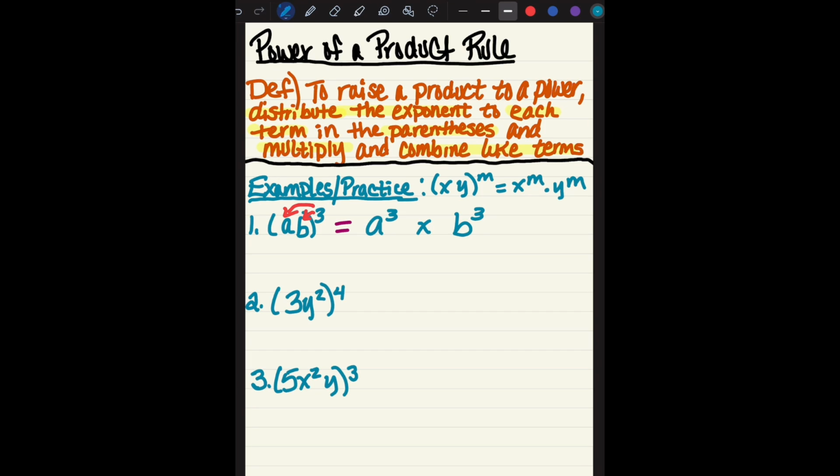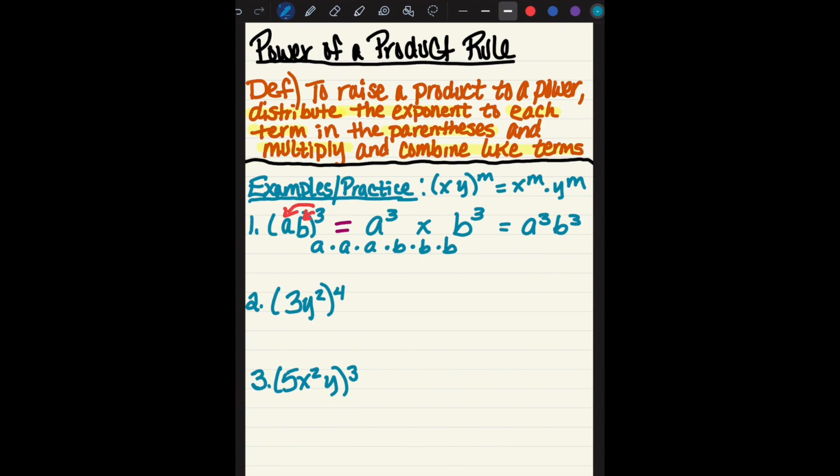You can also write it like this. It's the same thing. The only difference is we got rid of the multiplication sign. If we were to expand it, it would look like this: a times a times a, then b times b times b.